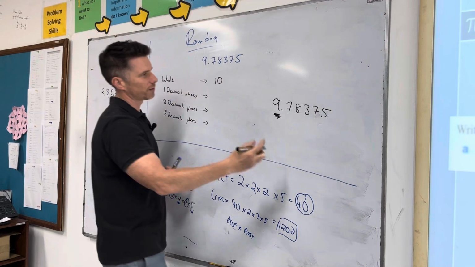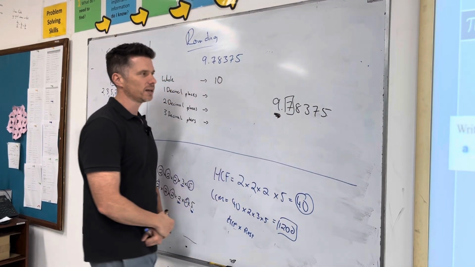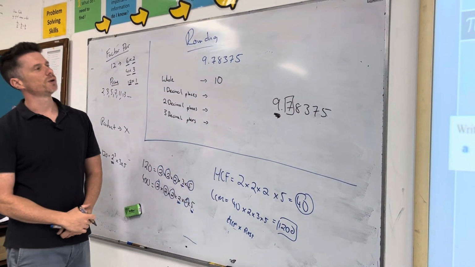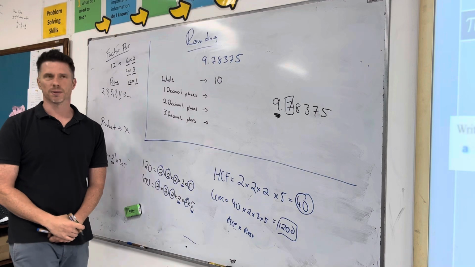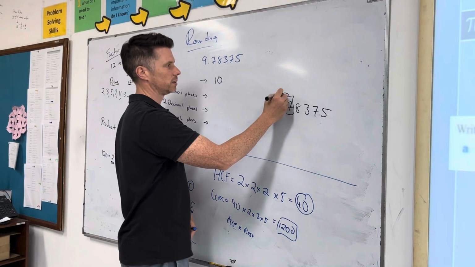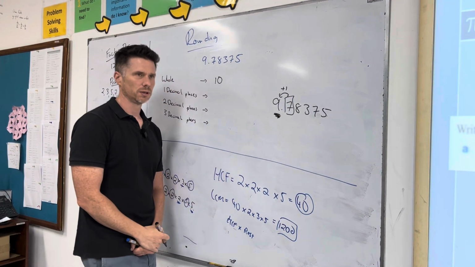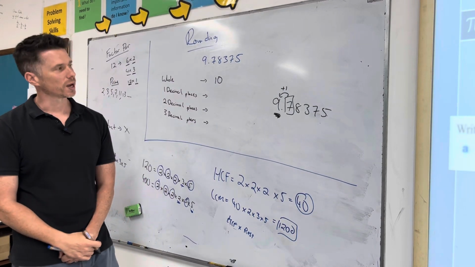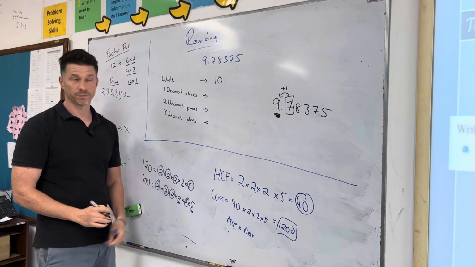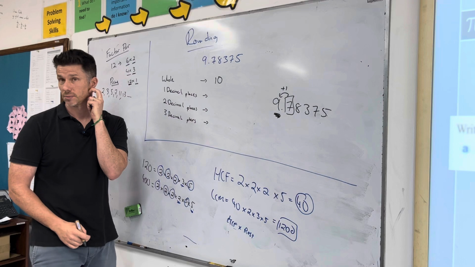You look at the number after that, and only the number after that. And if the number after that is 5 or more, it means it adds 1 to what you're looking at. So this is 5 or more, so I add 1 to the 9 to get 10. And that's it. I just have 10.